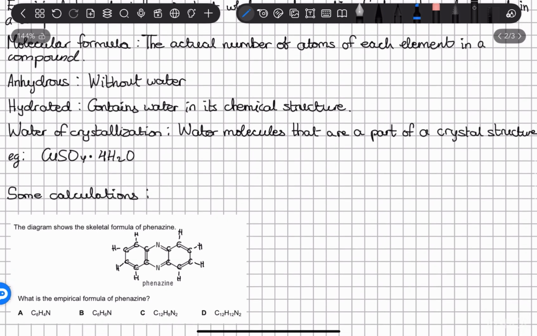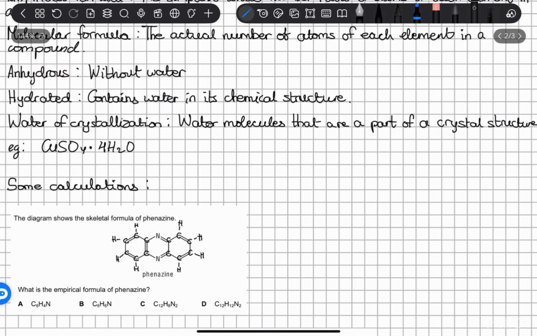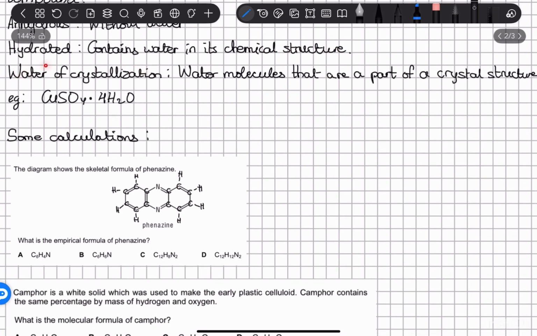Then we have other terms like anhydrous, which means without water, and hydrated, which means has water in its chemical structure. Then we have water of crystallization. This is different from hydrated. Hydrated could usually mean the compound is just dissolved in water, but water of crystallization is when water is part of a crystal structure.